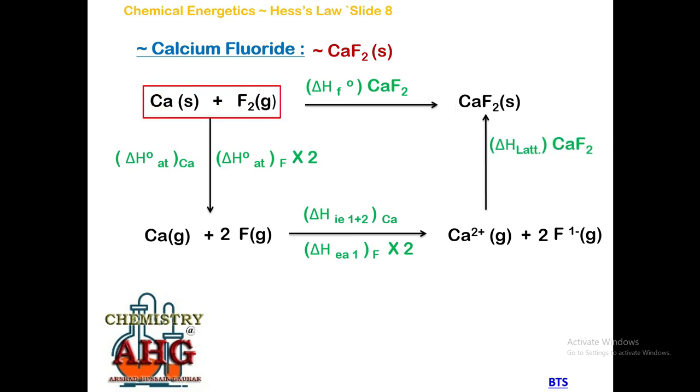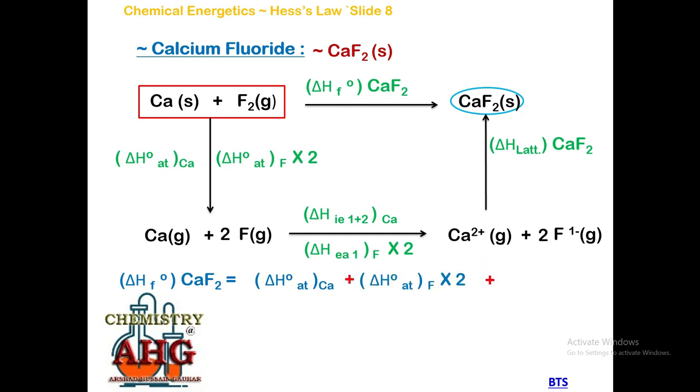Again, this is the initial stage, final stage, and enthalpy change of formation is the direct path, equal to atomization of metal, atomization of non-metal, first plus second ionization energy of calcium plus first electron affinity of fluorine plus lattice enthalpy of calcium fluoride. Correct? Okay.